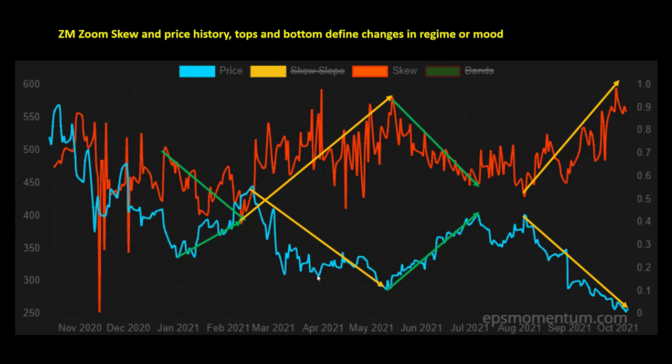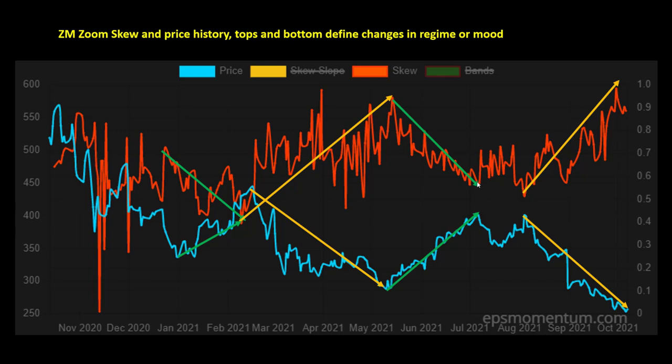Then there's a little change of sentiment where the price rallies a little bit and then drops. Same thing here, skew rallies, meaning going down, and then goes back up, right? But if you do a shortcut, it goes from bottom to top, bottom to top, top to bottom. Same thing here, price rallies, the skew goes down, okay?